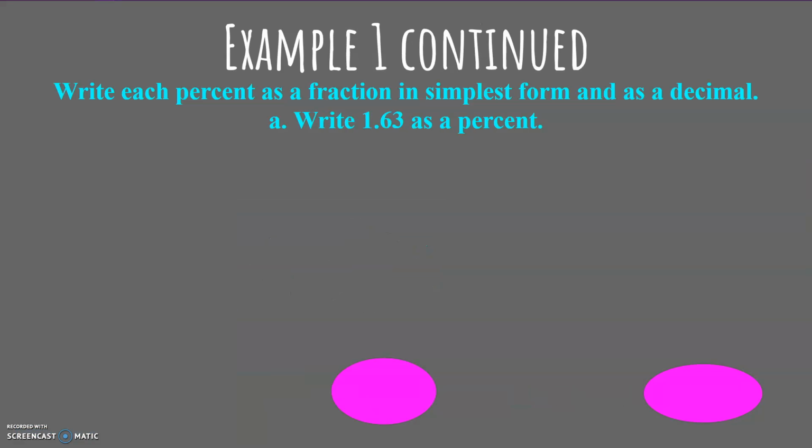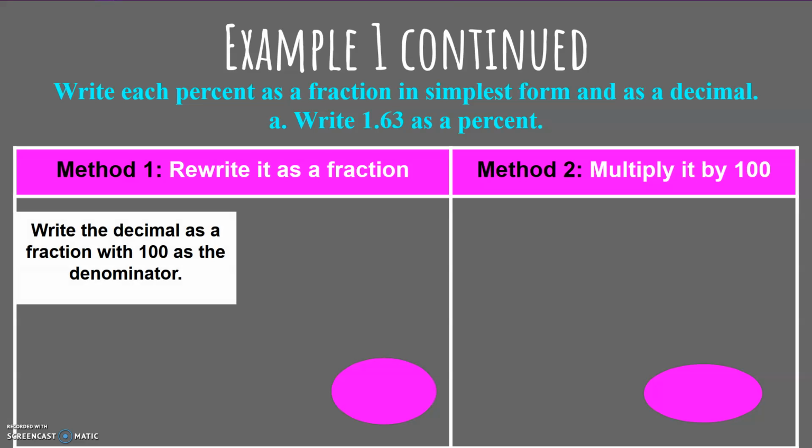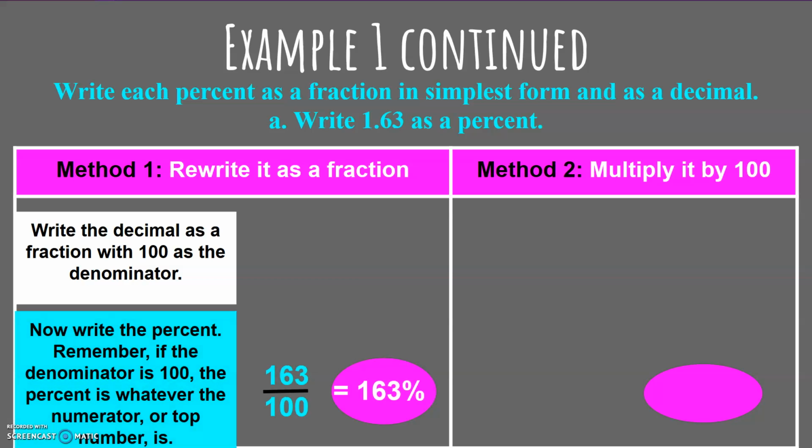Now let's do 1.63 as a percent. Same thing, we are going to do it both ways. Start by writing it as a fraction over 100. Now, write that percent. We've just stuck it over 100 with no decimal, and now it's 163%.